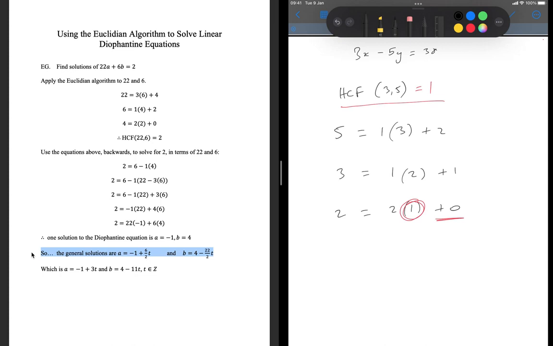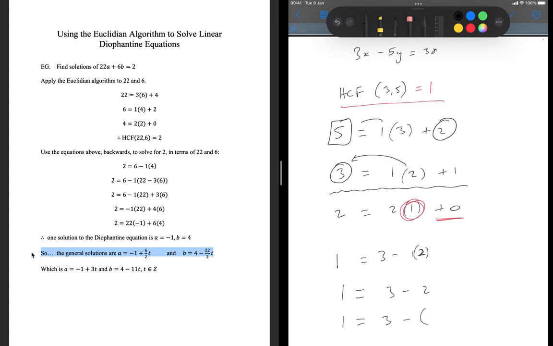So now, looking back to here, we can write 1 as 3 take away 1 times 2, which is just 3 take 2. And then 2 we can write as 5 take away 1 times 3. So 1 will equal 3 minus, now instead of 2 we're going to write 5 take away 3, or 1 lot of 3.